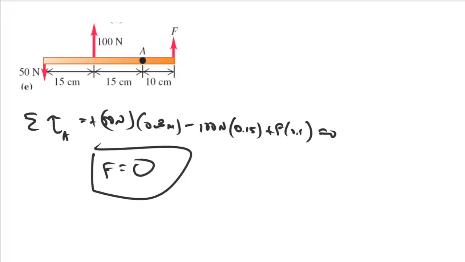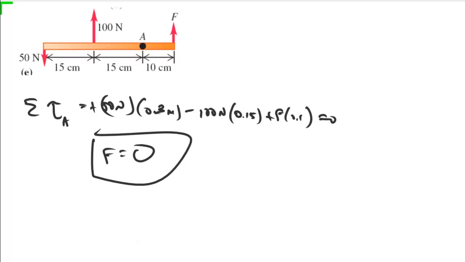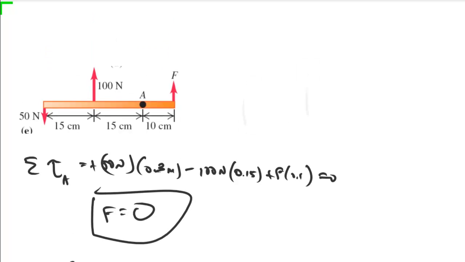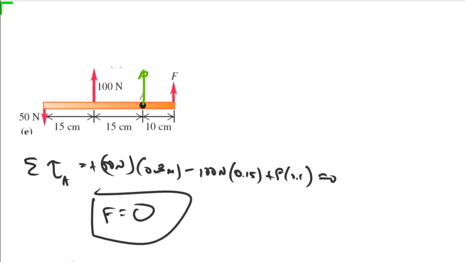But again, let's check the translational equilibrium, and the sum of the forces in the y direction. This is going to be negative 50. And by the way, I'm using the same coordinate system for every single one of these. Maybe I should redraw this, but I just do it for the one coordinate system there.